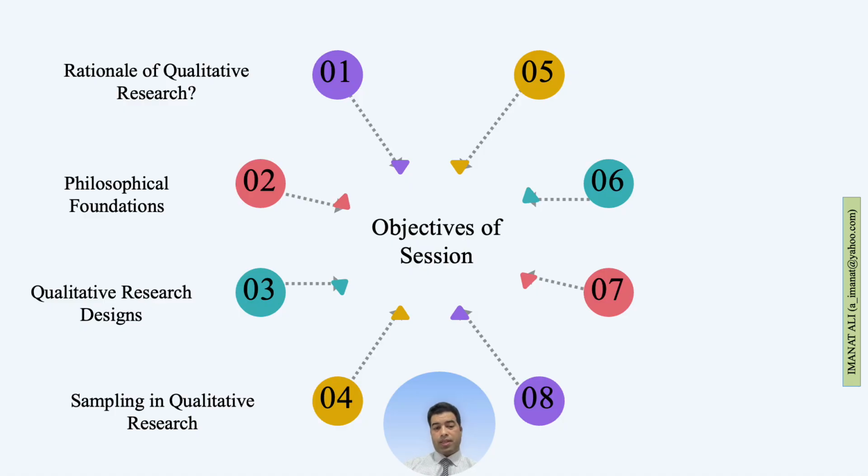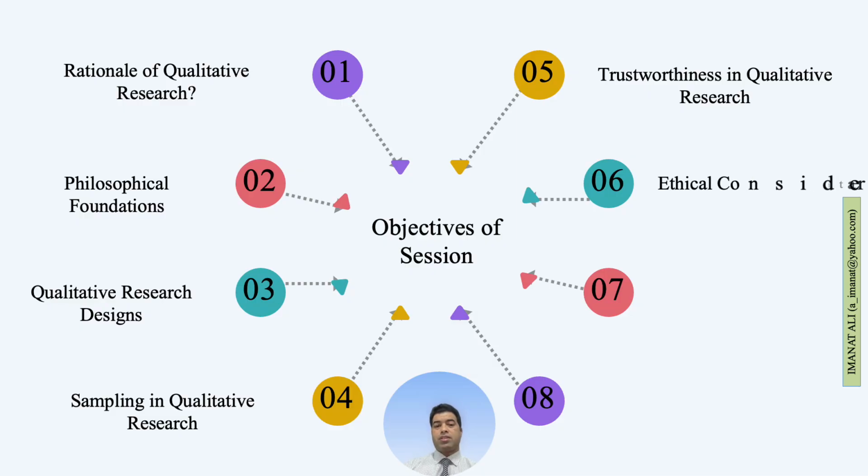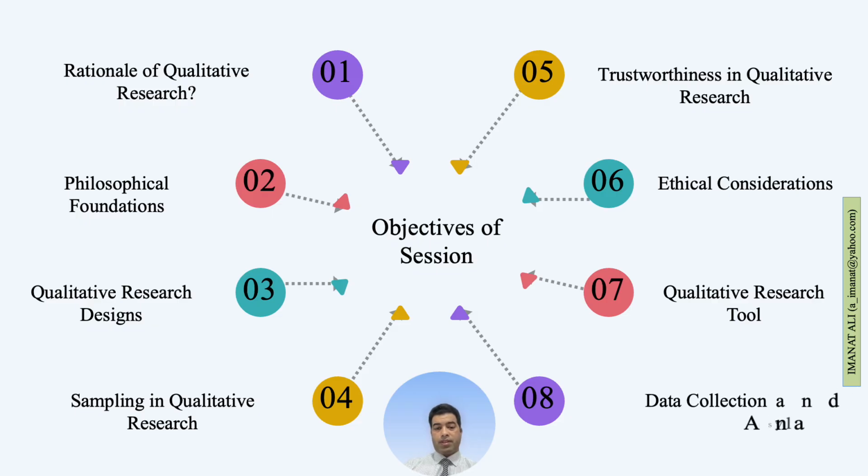Similarly, the sampling in qualitative research, what sampling technique can be used, how trustworthiness can be measured or proved or validated in the qualitative research. Ethical consideration is also an important part of qualitative research. Then qualitative research tools: what tools can be used for collecting qualitative data. Finally, the data collection and analysis procedure in the qualitative research method.